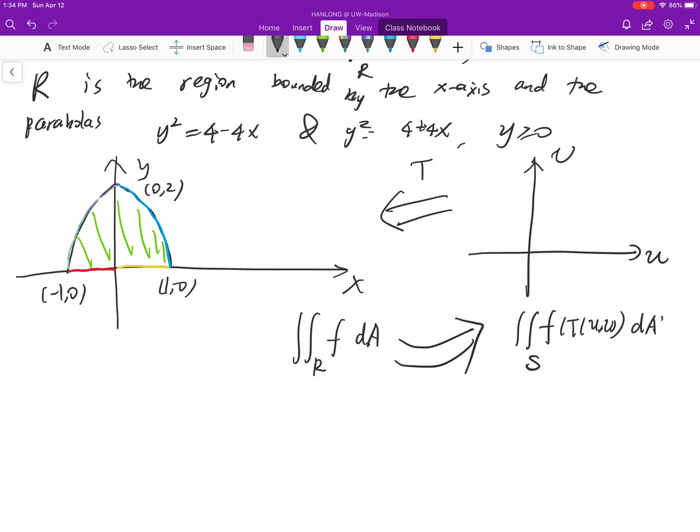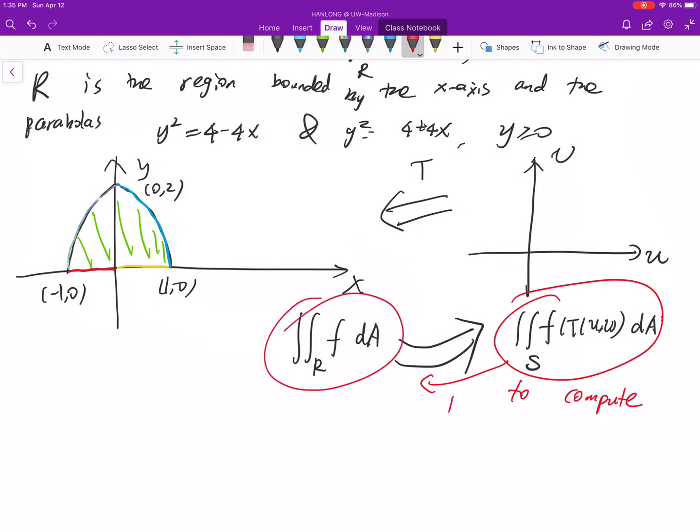This is a little bit tricky part. So you imagine the map goes this way, but then for the integral, usually we use the right hand side to compute the left hand side.